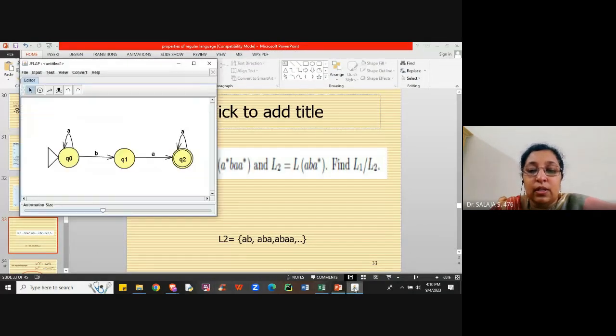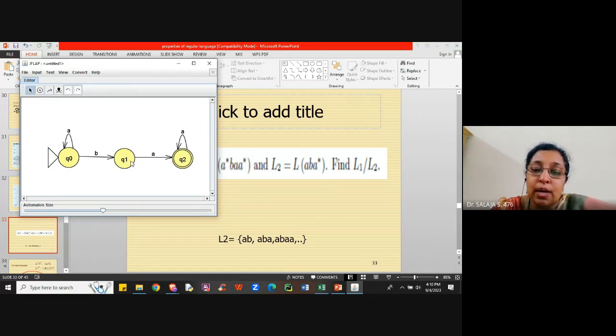Given this information, from Q naught on reading AB, you will reach only Q1. You will never reach the final state. So Q naught will not act as the new final state.